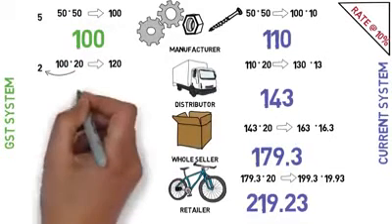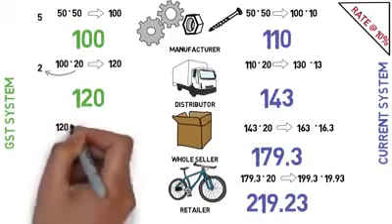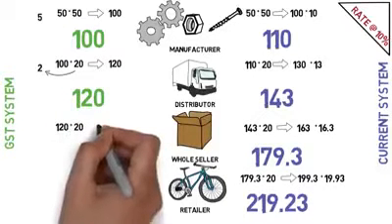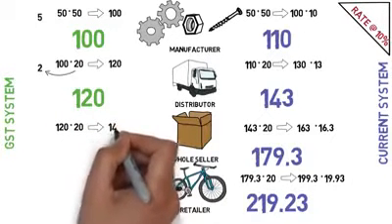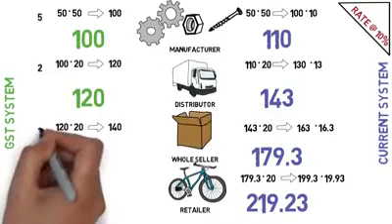The wholesaler buys the product for 120 rupees and follows the same pattern, adding 20 rupees as his profit, and the price will become 140, and pays the tax of rupees 2 on his profit of 20 rupees.